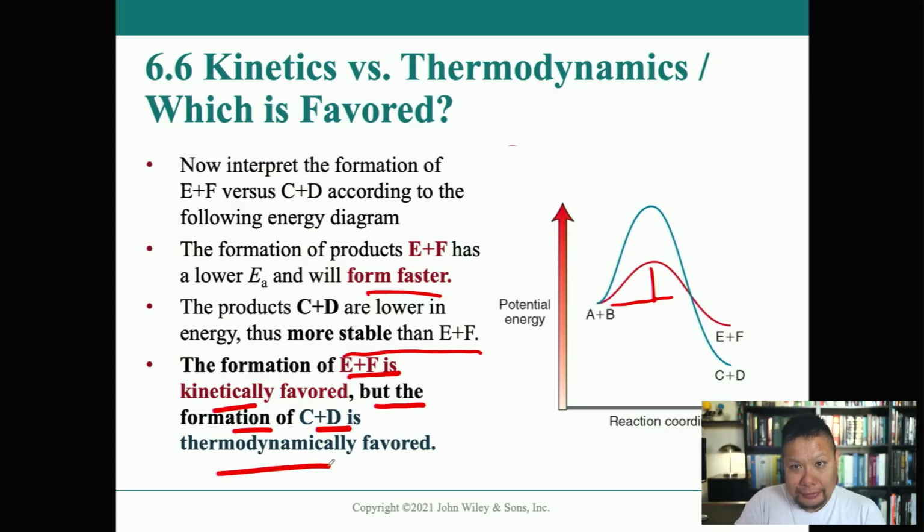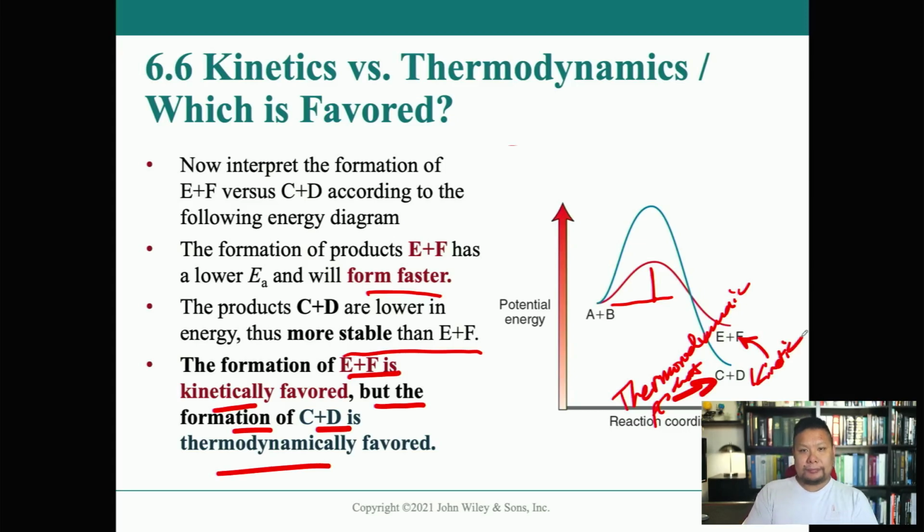So C and D in this case is the thermodynamic product, and E and F is the kinetic product. Be able to tell the difference by using the chart.